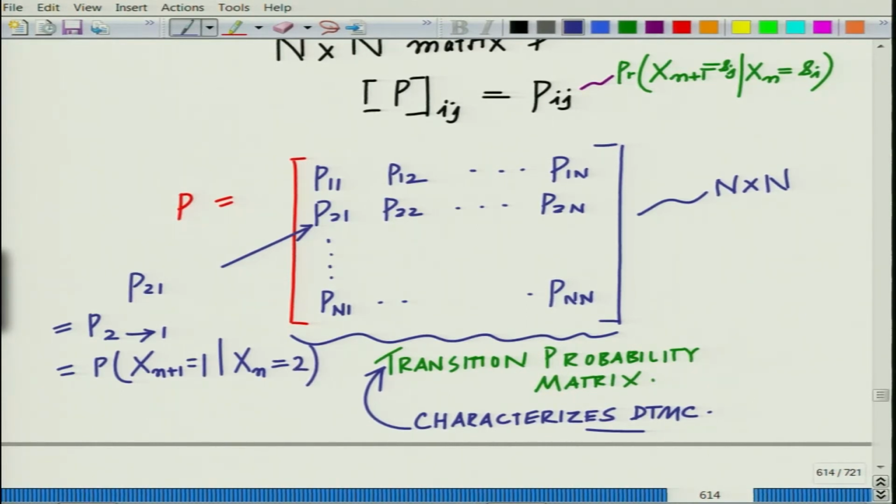So if you look at the rows, they correspond to the starting states, that is, the Xn.